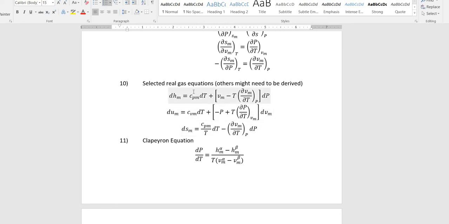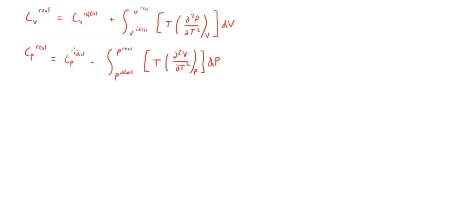And say if you were given an exam problem that gave you the ideal CPM, you would have to convert this to a real gas. So you would have to do this using different equations. These are the two equations that you would use to convert from a CV ideal or a CP ideal that was given in a problem statement to CP and CV for real gas.